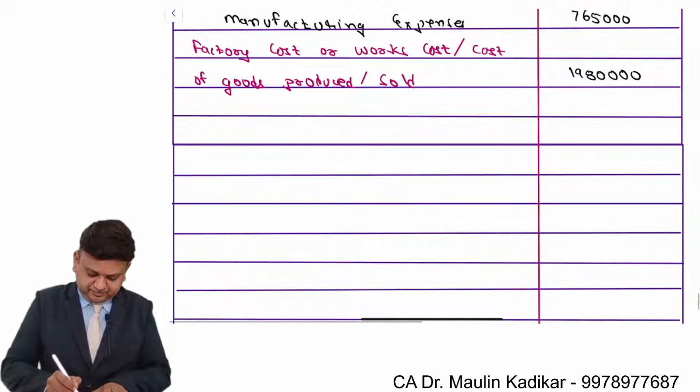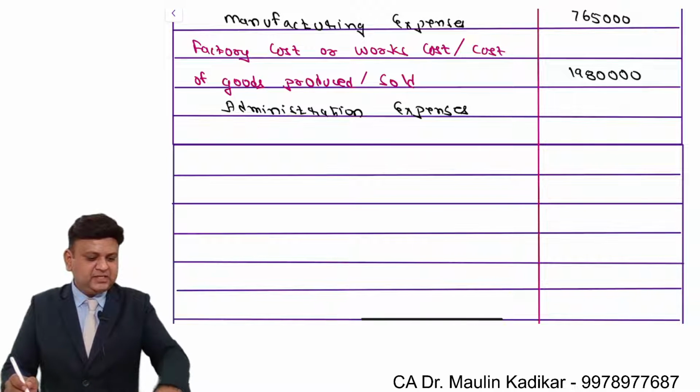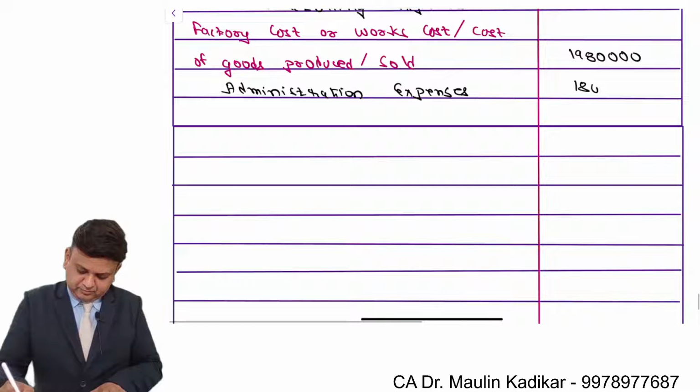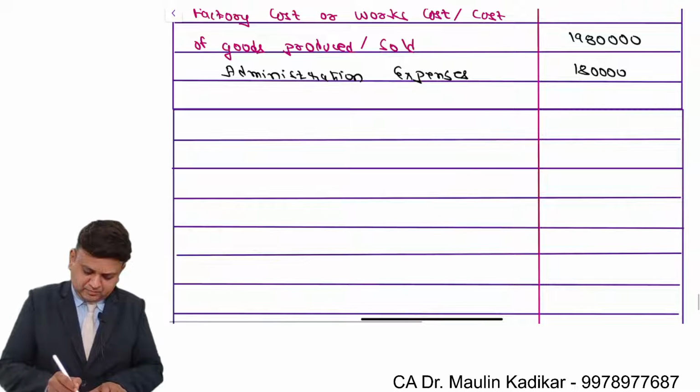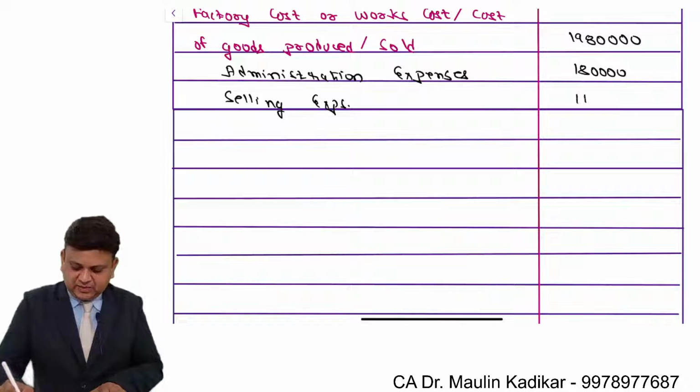Next, administration expenses. It is an amount of rupees 1,80,000. Next is selling expenses, 1,12,500.